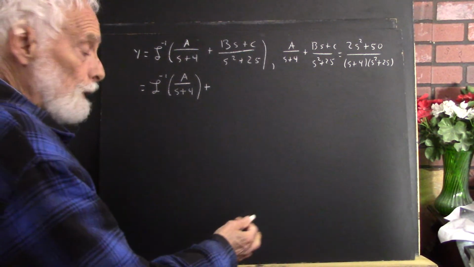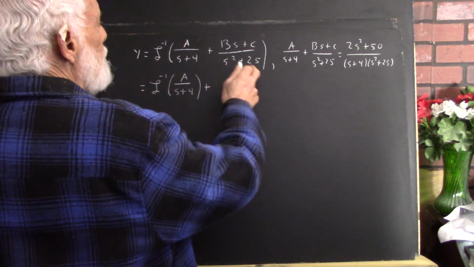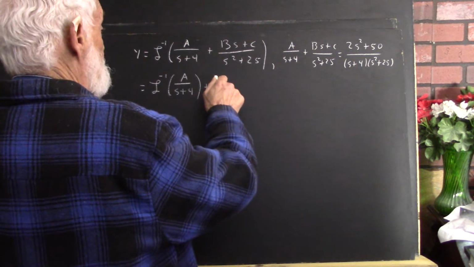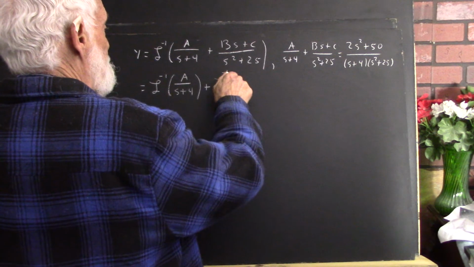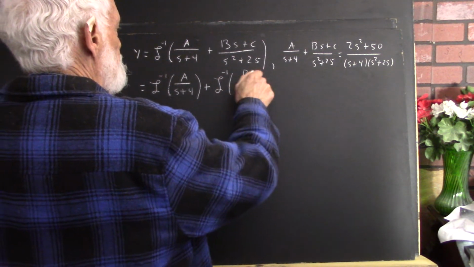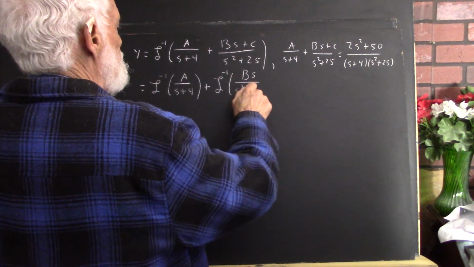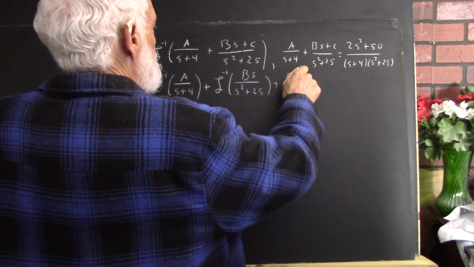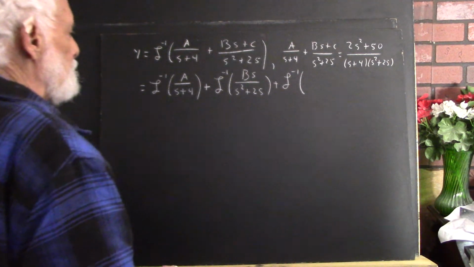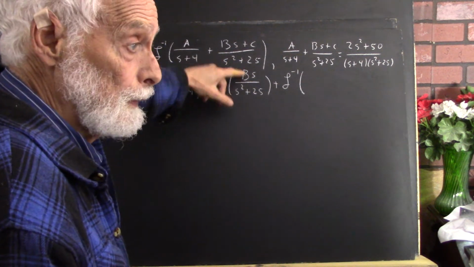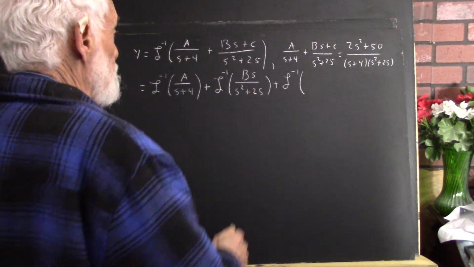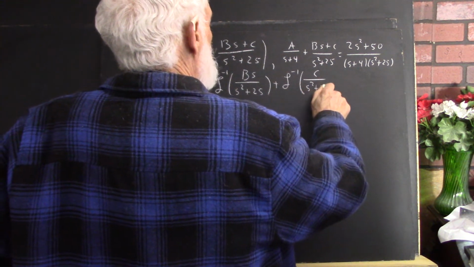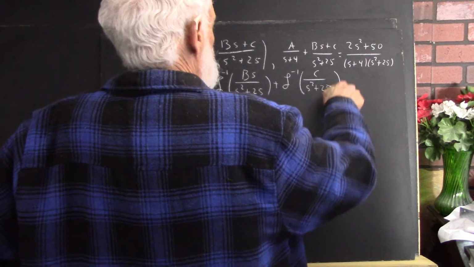So again, using linearity, we get L inverse of Bs over s squared plus 25 plus L inverse of C over s squared plus 25.